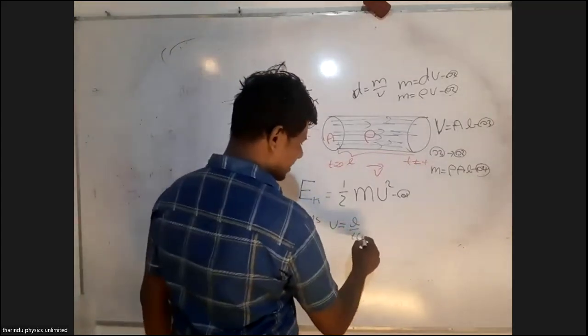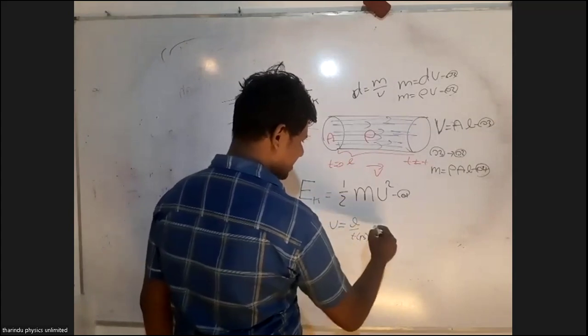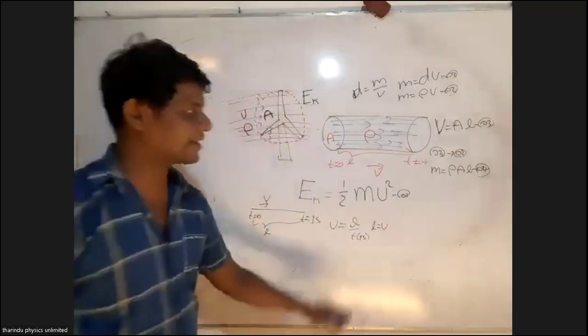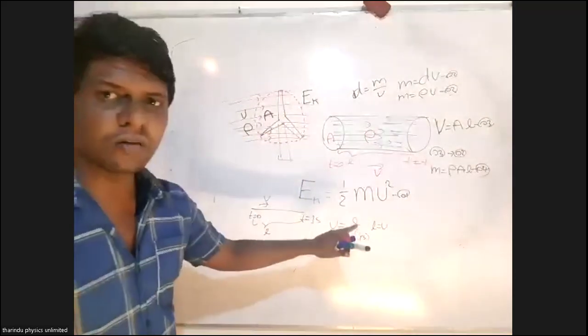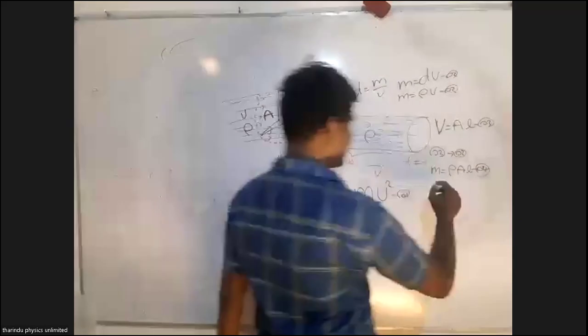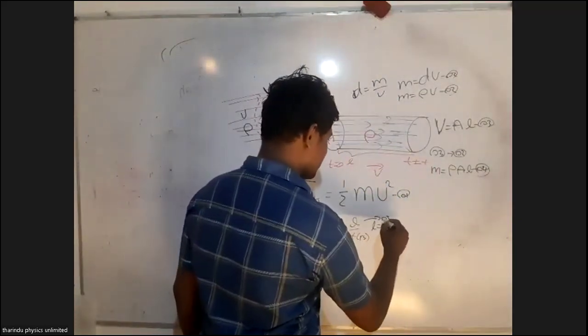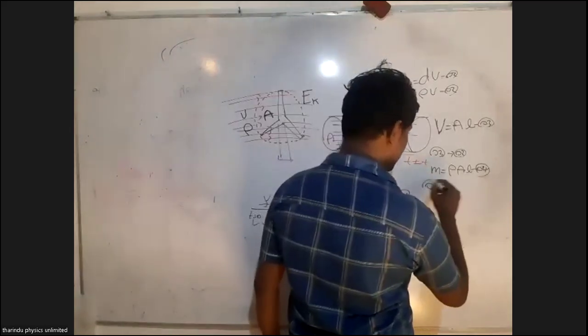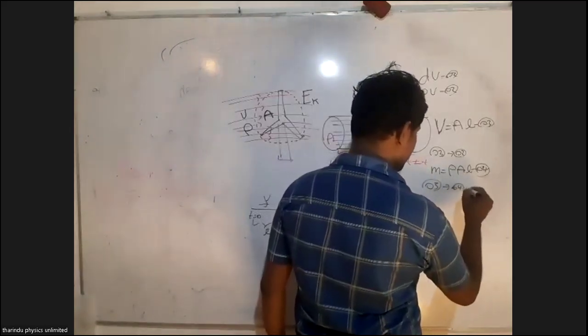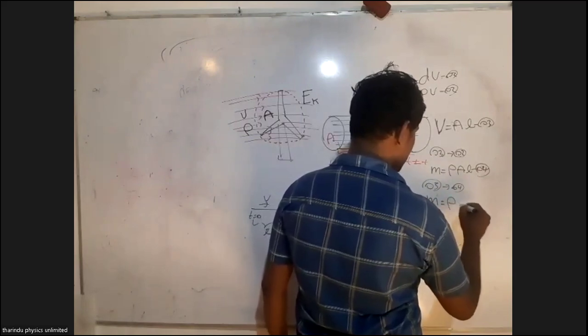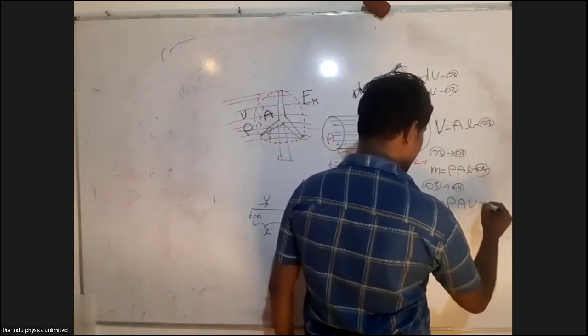So for a time of 1 second, length is exactly equal to velocity. This is equation number 5. Now I'm going to include 5 into equation number 4, so my answer will be m equals rho A v.